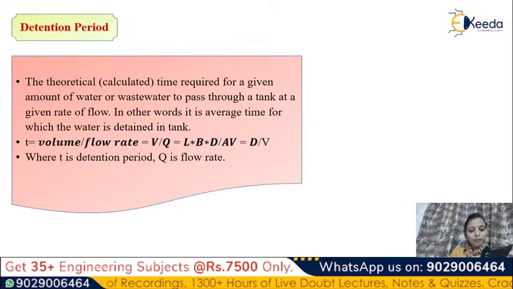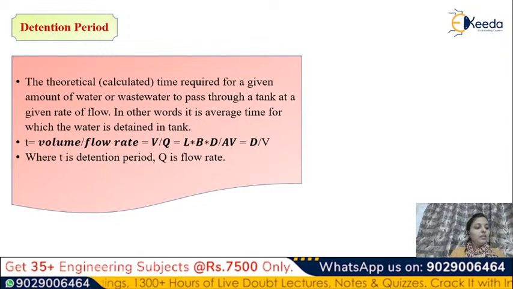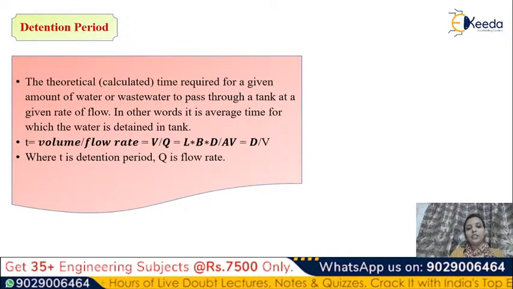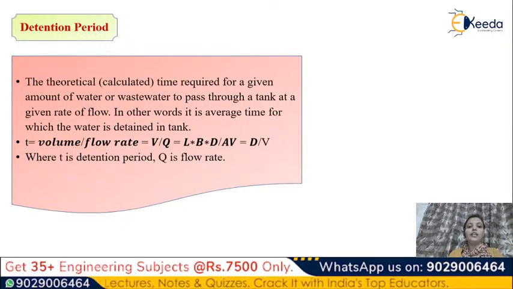I already explained that. In plain sedimentation, simply by the action of gravitational force, we settle all these particles. In coagulation-aided sedimentation, we add some chemicals to change the properties of the dissolved particles. We increase the size of the particles, which is called floc formation, and that floc settles down in the secondary sedimentation tank.